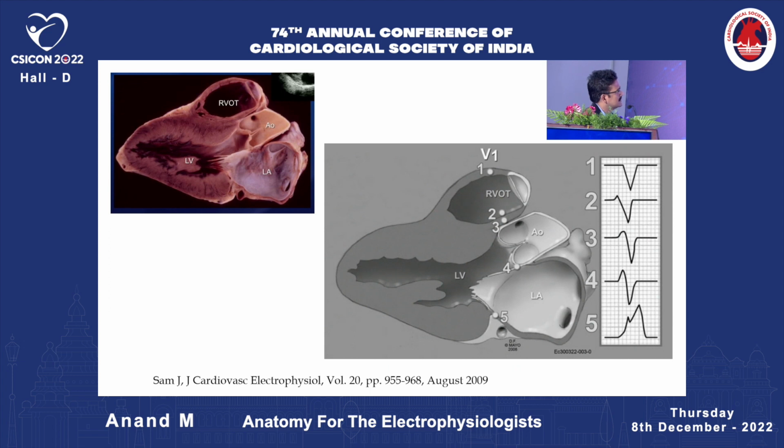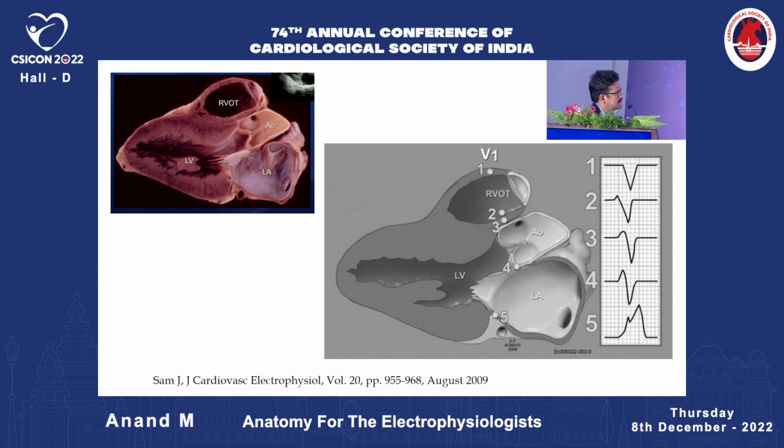The above one is the free wall of the RVOT. In the lower picture, we can see sites marked 1, 2, 3, 4 and 5. One is the RVOT free wall, and 2 is the posterior infundibulum of the RVOT, which is in direct contact with 3, the right coronary cusp. Then 4 is the aortomitral continuity, and 5 is the mitral valve annulus region.